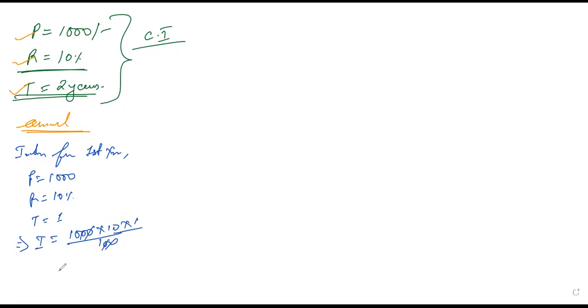If you cancel this, it is going to be 100 rupees over here. So the principal after the first year is equal to 1,000 plus 100. So it becomes 1,100, as we had already done. And so on, you can go for the second year's calculation. Like that, whatever the question would be, according to that, you can do it.